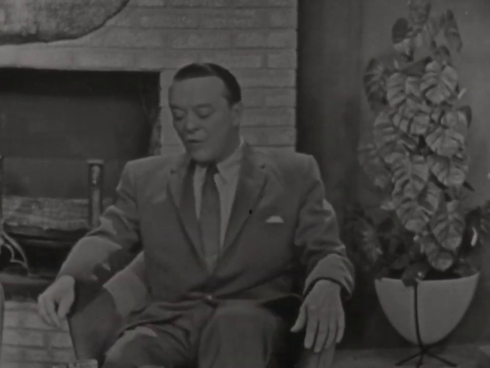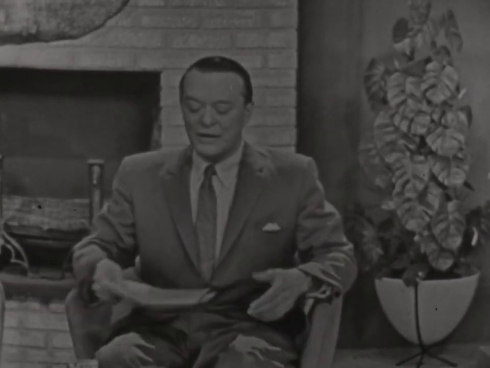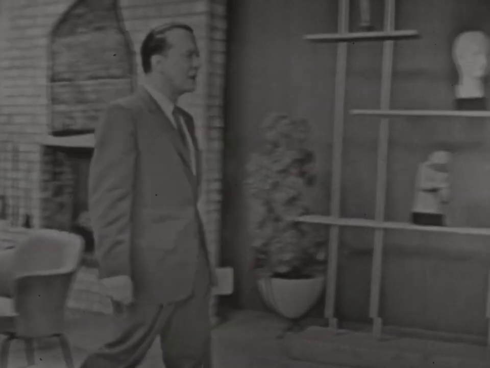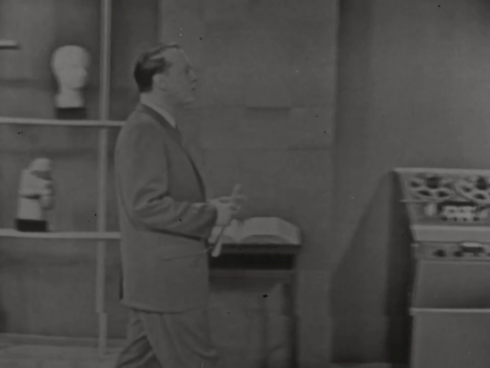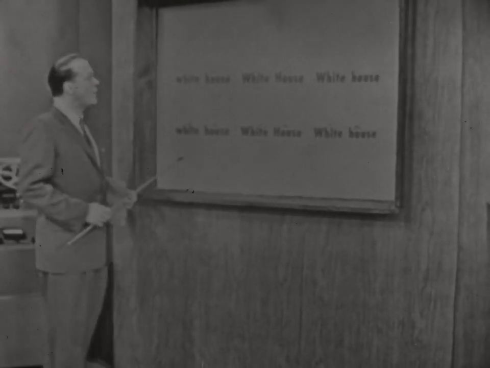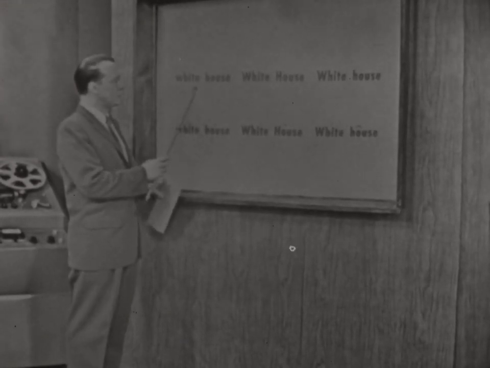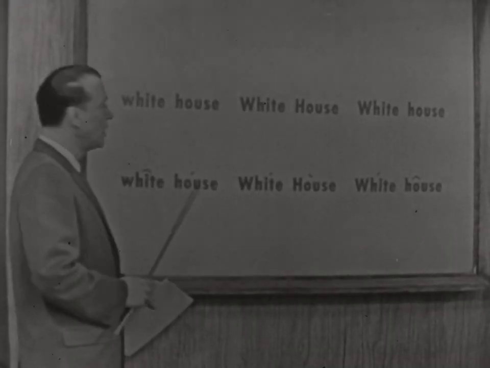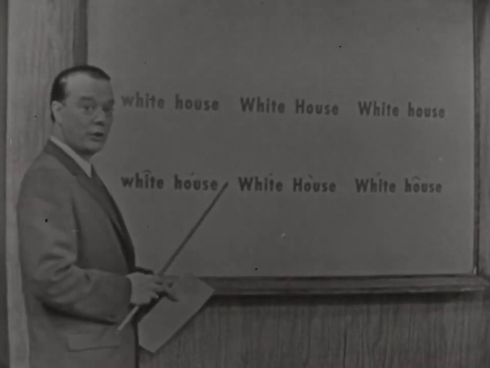Now, we've already found out on our program here that the word white and the word house can go together. We've used this particular example of white and house in several of our programs. For instance, we found that when the word white and the word house were put together as white house, this meant a house that was colored white.